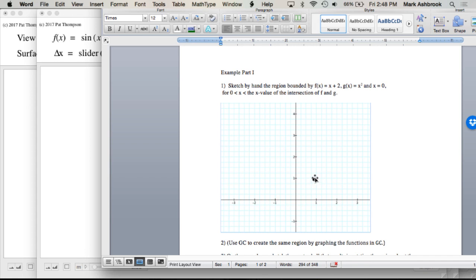That goes through 1, 1. So g of x goes through 1, 1, and 2, 4. So it looks something like this. And then x plus 2 has a y-intercept of 2, and it's actually going to come up and also go through the point 2, 4.